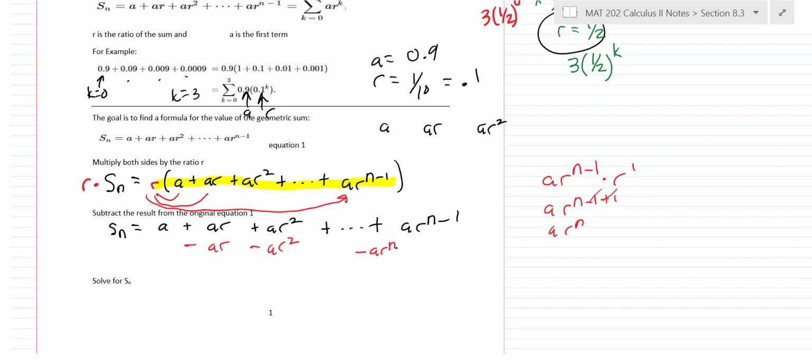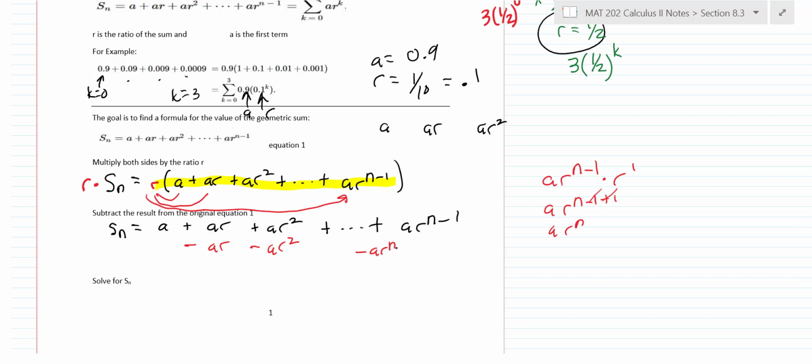You're going to be left with this, and you're going to be left with this. What comes after n minus 1 anyway? You add 1 to n minus 1, what do you get? You get n. So see, that one's left over, but that one's going to cancel right there. So you want to show that cancels, even that cancels. So you're left with S of n equals A minus AR to the n, like that.